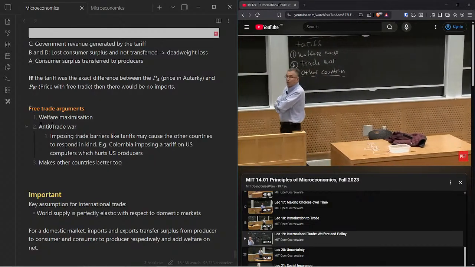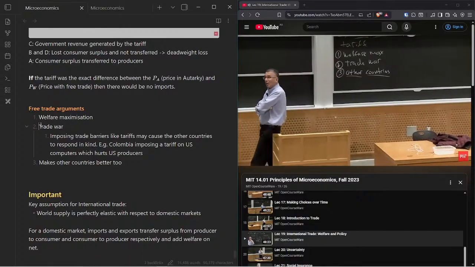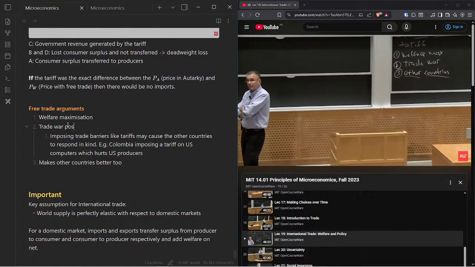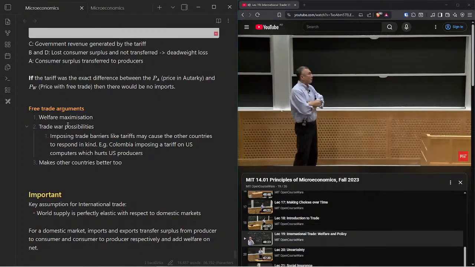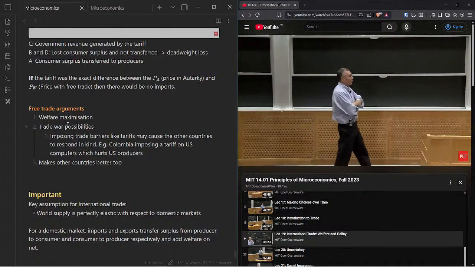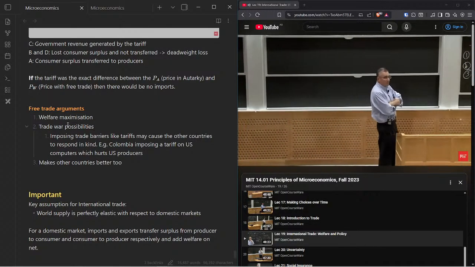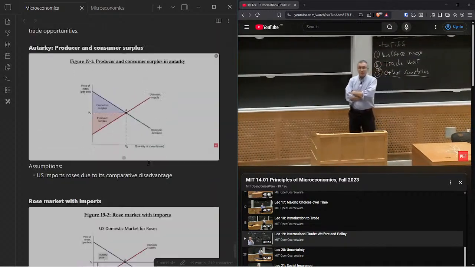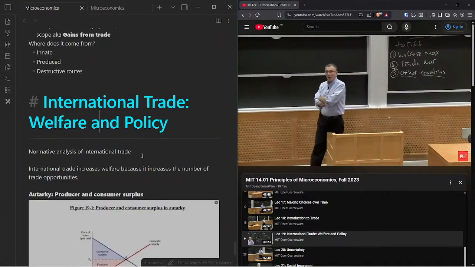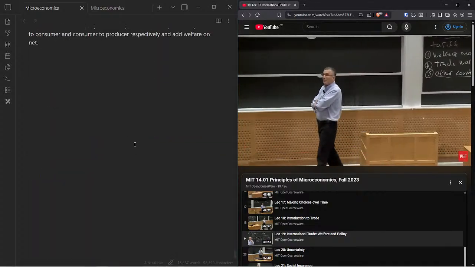It reduced consumer surplus for computers, and for roses, society is also made better off. You can do the same flip.